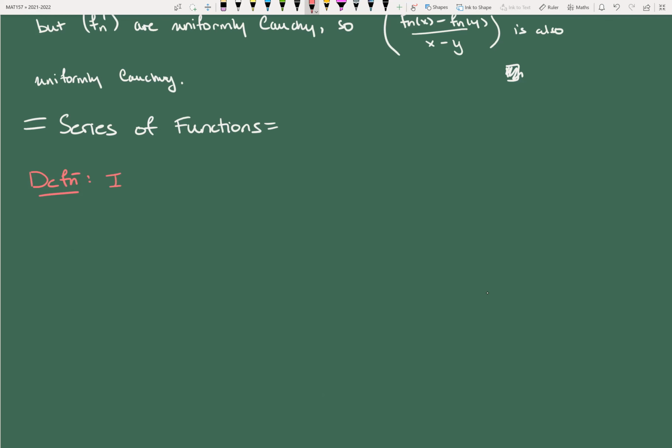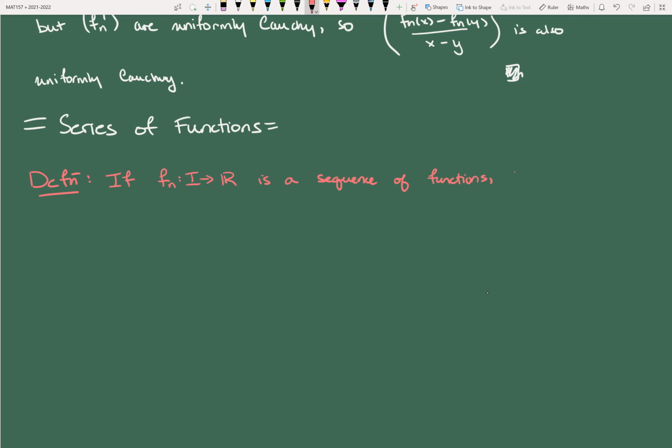So if Fn from I to R is a sequence of functions, the partial series, or do I want to just define straight to its infinite series? Let's just define the partial sums.